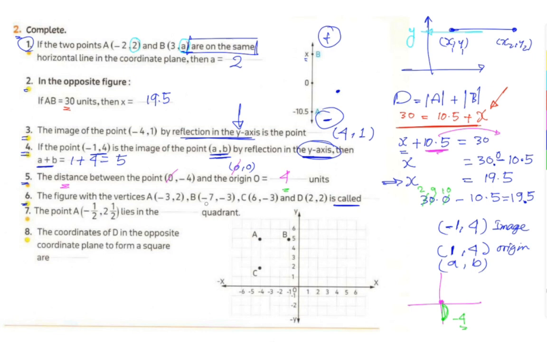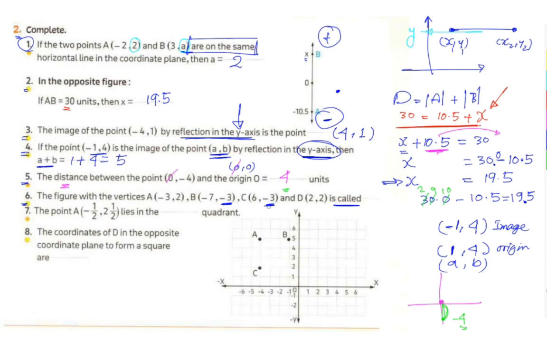Next point, negative 7 and negative 3. If you look carefully here, you will find another x and another y. But if you look to C, you will find the same y coordinate, negative 3 and negative 3. That means what?